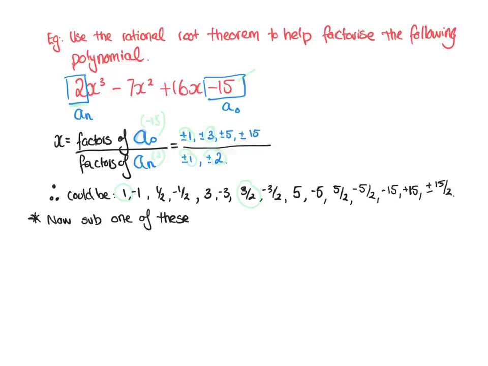So we've got a lot of these, but now you can use these to sub in. So you go p of 1 and you find out what that equals. For example, it would be 2 minus 7 plus 16 minus 15. So that does not equal 0, so it's not a factor.